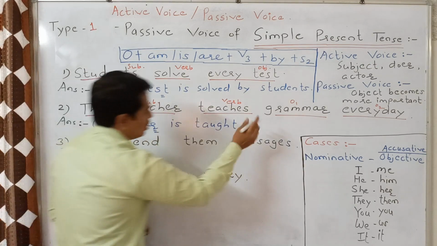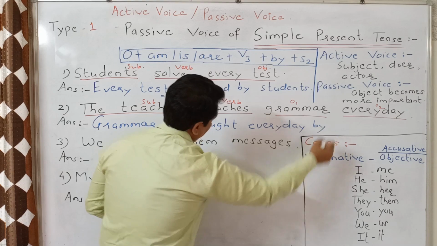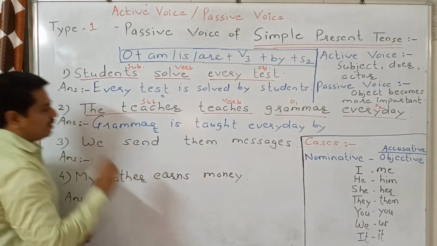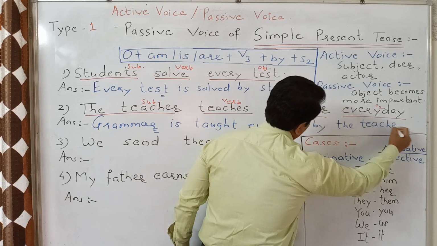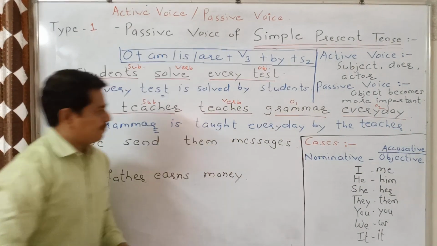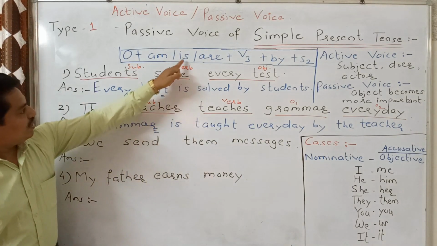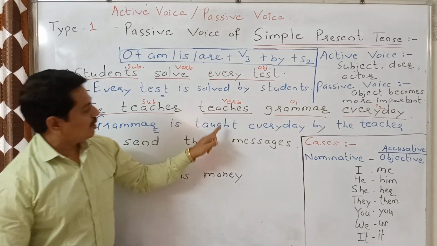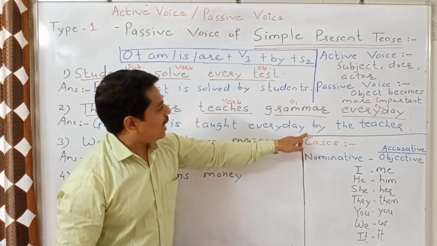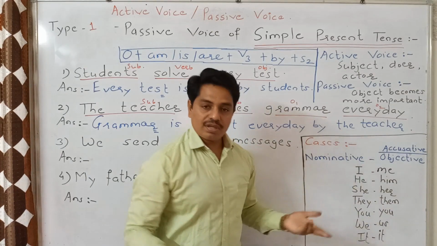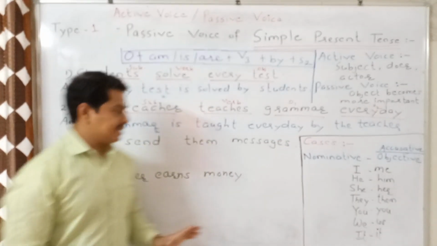Grammar is taught, object number 2, every day, by the teacher. I repeat it. Object, grammar, then is plus V3, object number 2 after V3, then by and then the teacher. There is no S2 of the teacher, that's why it should stay as it is.